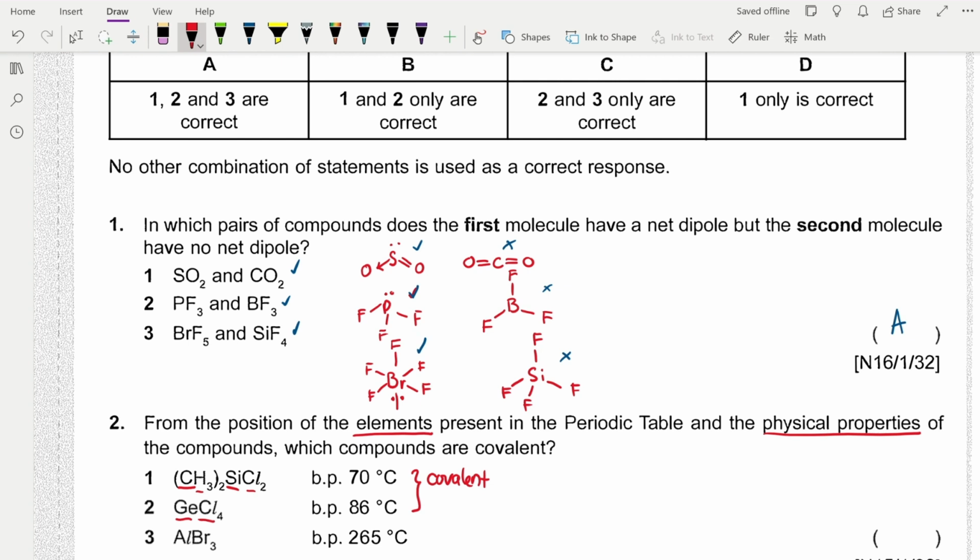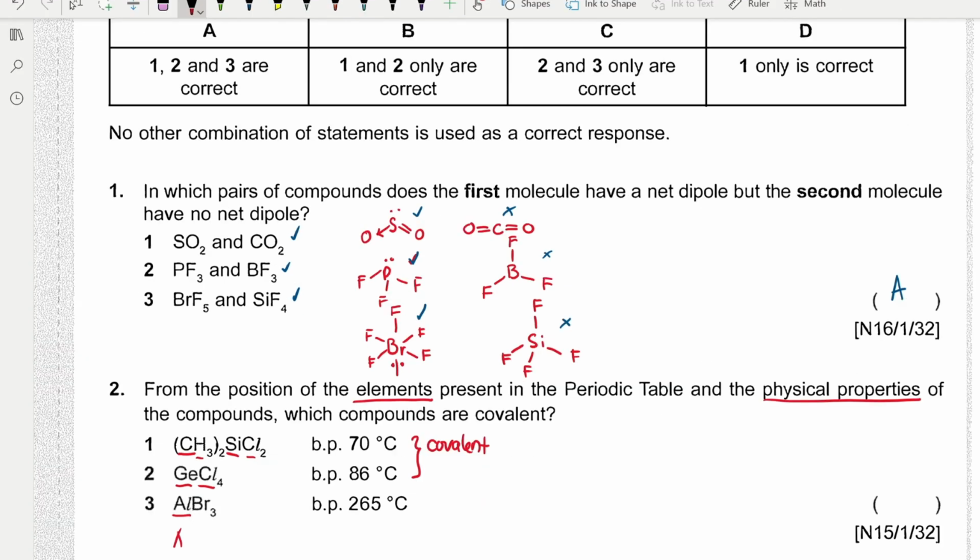And the third one, aluminium is a group 3 compound and it's a metal. So usually you would think that metal and non-metal compounds form ionic bonds. But since aluminium is a highly charged ion, it's a 3+ ion, so it's very polarizing.